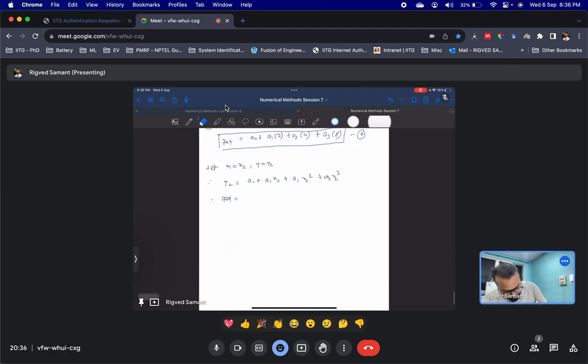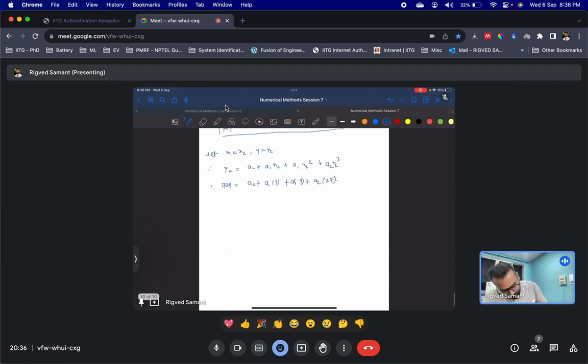So a naught plus a1 into 3 plus a2 into 3 square, that is 9, and a3 into 3 cube, that is 27. And finally let x is equal to x3. So this is your final equation.